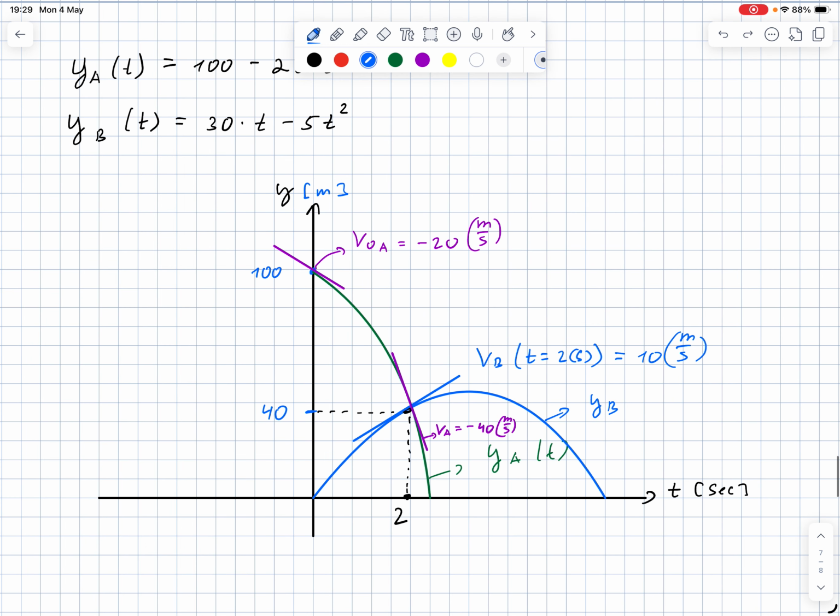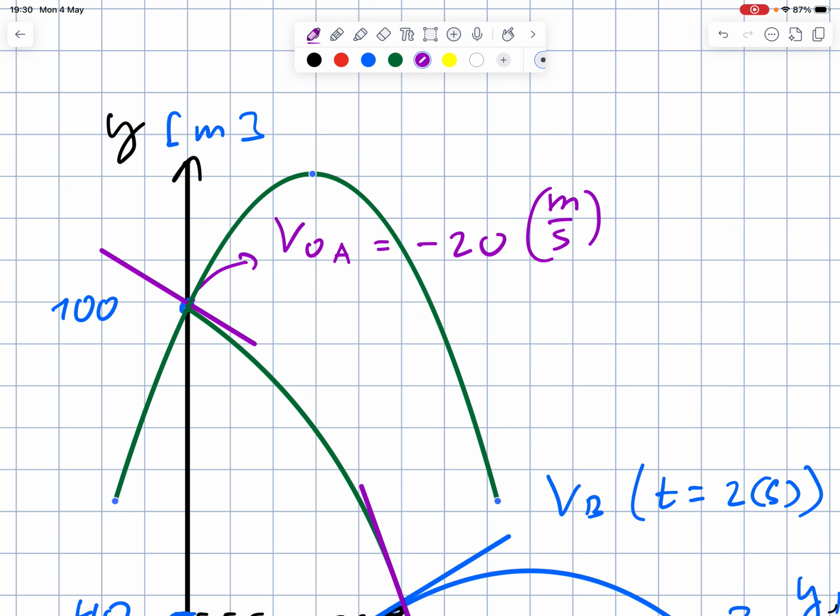Okay, so if I would draw something like this, now let's change the color. Something like this, okay? Now, I cannot use this type of graph because this instantaneous velocity would be positive at this point for object A, and I do know that initial velocity at this point is actually minus 20.